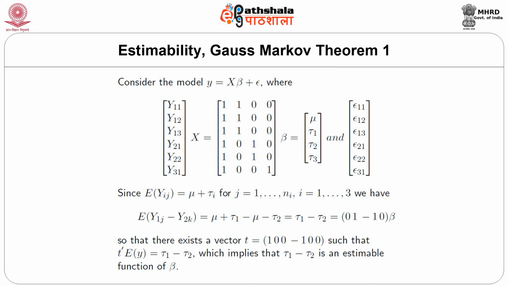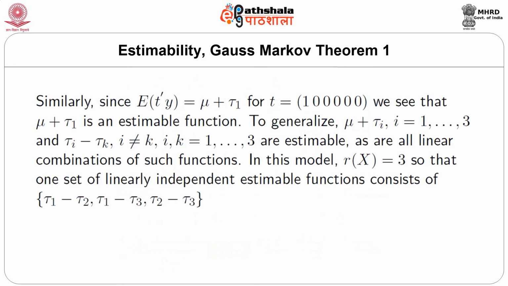So there exists a vector t equal to 1 0 0 minus 1 0 0 such that T transpose expected value of y equals tau 1 minus tau 2, which implies that tau 1 minus tau 2 is an estimable function of beta. Similarly, since the expectation of T transpose y equals mu plus tau 1 for T equal to 1 0 0 0 0 0, we see that mu plus tau 1 is an estimable function.